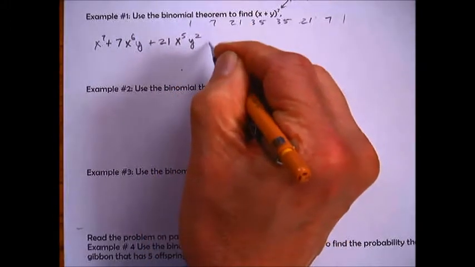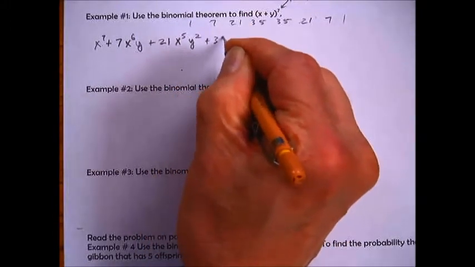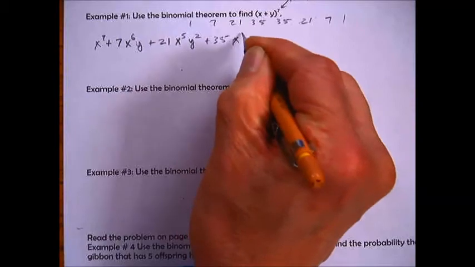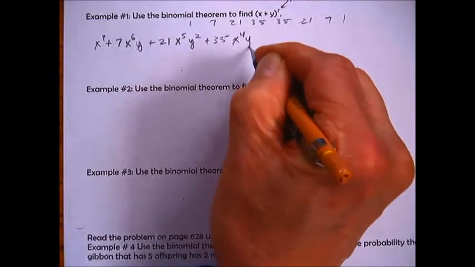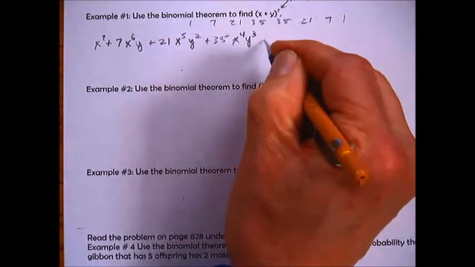Y's are going up, x's are going down. Plus 35, x to the fourth, going down, y cubed, going up.